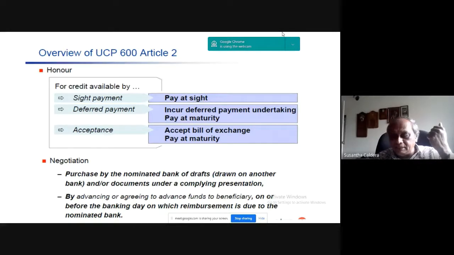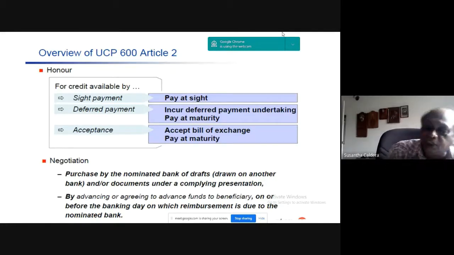You can say to the customer, once you send the documents to the issuing bank, and the issuing bank accepts the draft, bill of exchange and informs the nominated bank that the documents have been accepted to pay on such and such a date, you can say to your customer, once you receive the accepted bill of exchange, we will pay you.